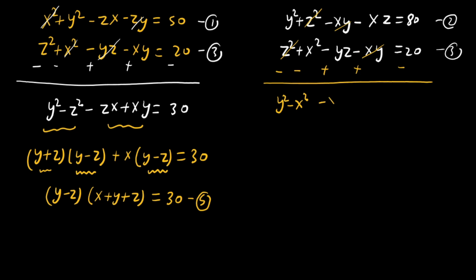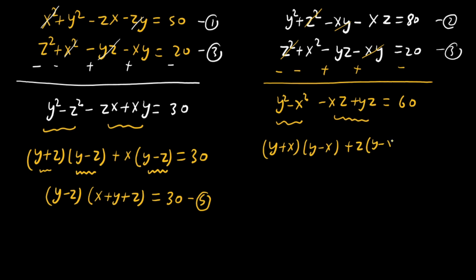Then −xz + yz equals 80 − 20, that is 60. y² − x² is the same as (y + x)(y − x), and taking z common, we get (y − x) times z, which equals 60.